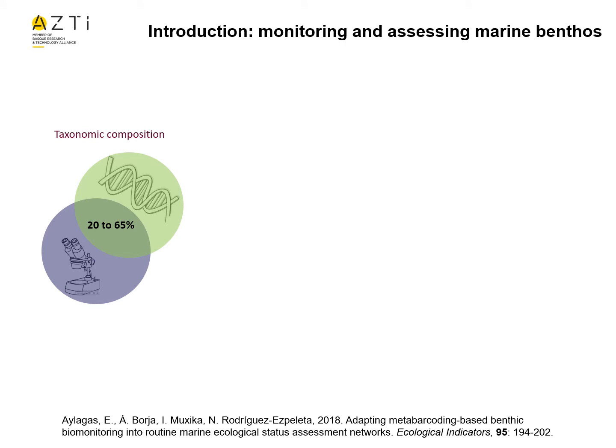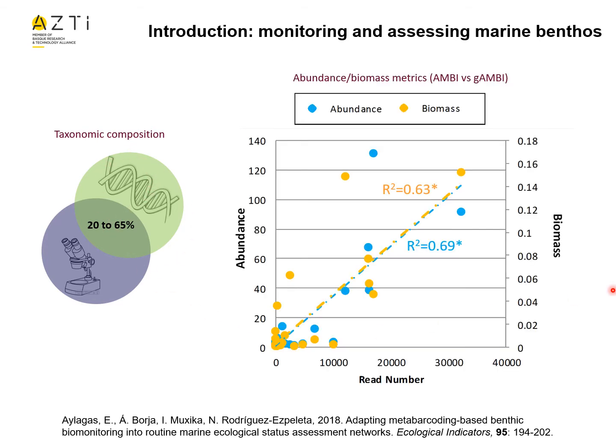In 2018, we published this paper in which we compare the taxonomic composition using the morphological information or using the molecular information, and even more, we were able to relate the number of reads with the abundance and the biomass, and you can see that in both cases the correlation was quite high. So we can now use not only presence-absence, but also the abundance, taking into account the number of reads for macroinvertebrates.